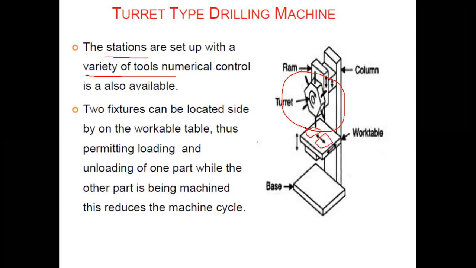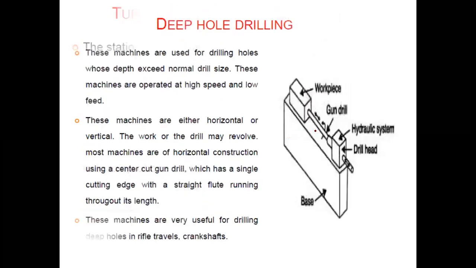On one work holding device the operations are performed, and on the other, loading and unloading is possible. Without stopping the machine and without wasting time, loading and unloading happen in parallel. You can utilize the time effectively and increase productivity, so in one day or even one hour, more components can be manufactured. This is the advantage of the turret drilling machine.